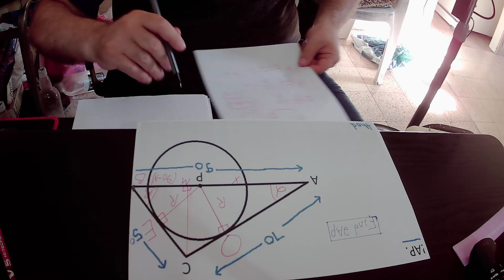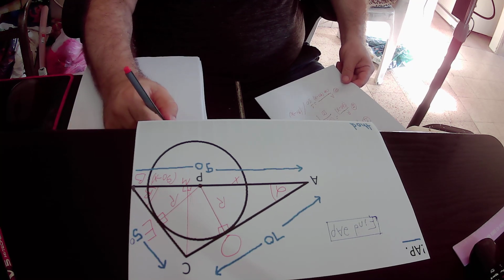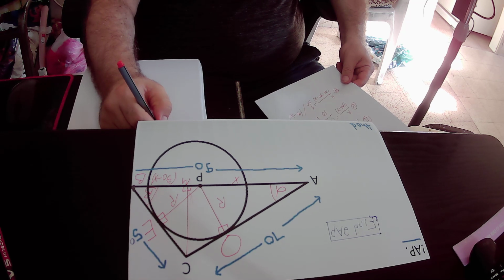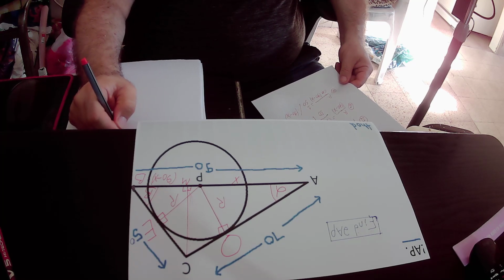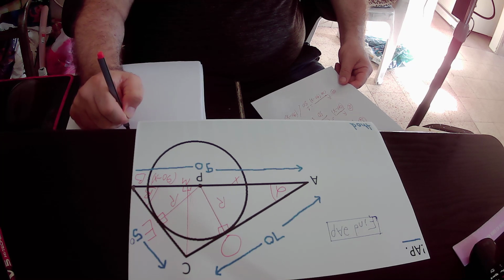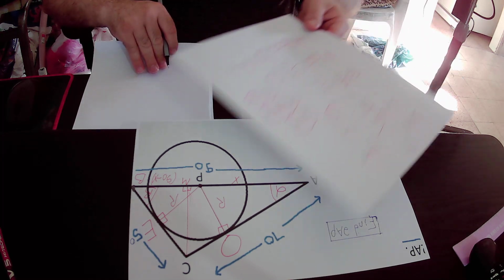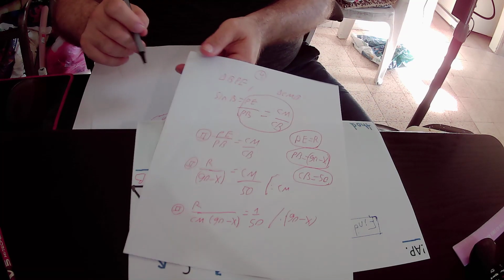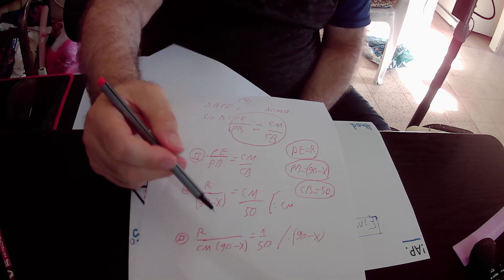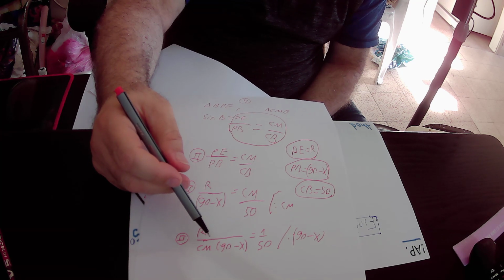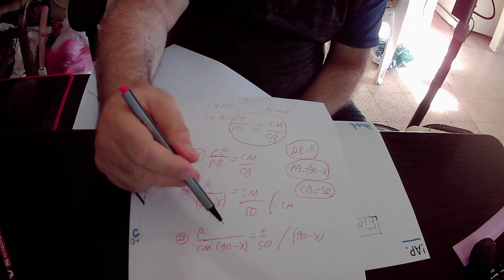Okay, then we will get that we multiplied both sides of the equation by 90 minus x, and actually on this side we have R over CM times 90 minus x divided by 90 minus x.